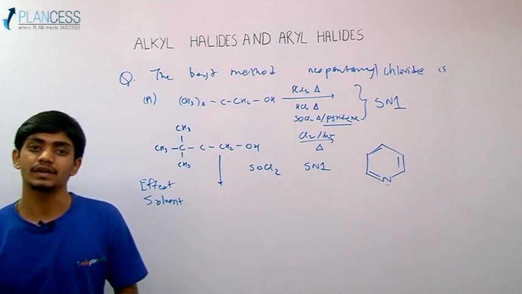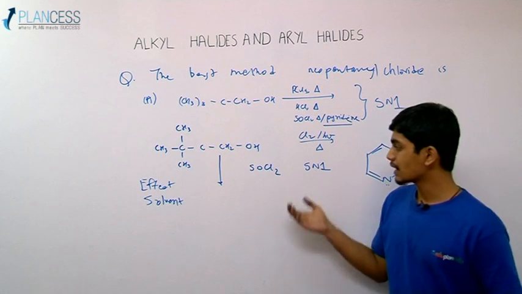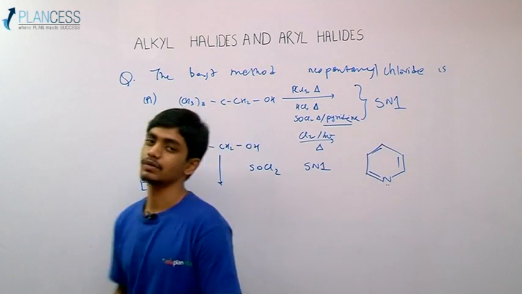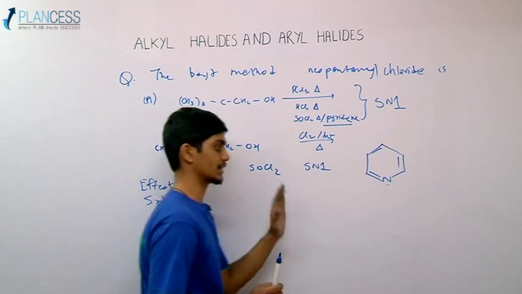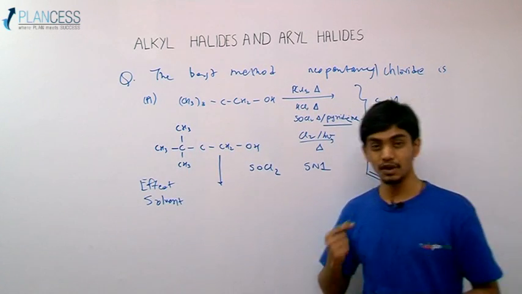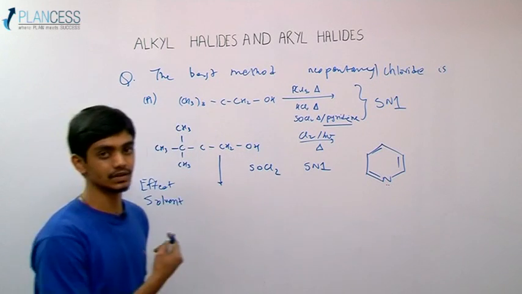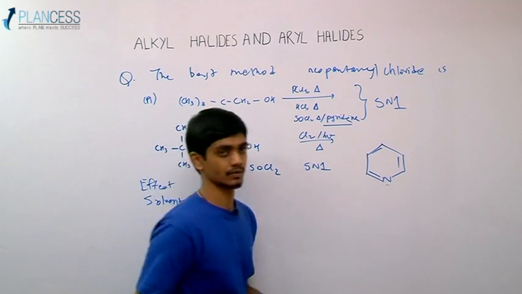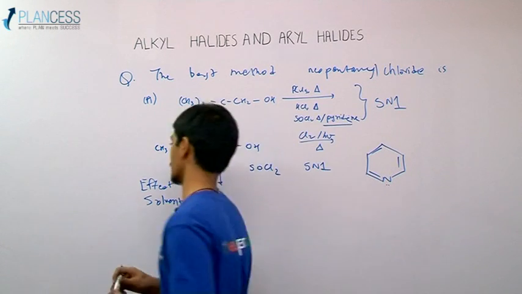While if pyridine is not present, the carbocation is left open and is not stabilized at all. That is why in presence of pyridine it follows a carbocation intermediate. If pyridine is not present, we have already discussed the mechanism, and it happens with retention of configuration. It is a pseudo SN2 reaction which happens with retention of configuration.